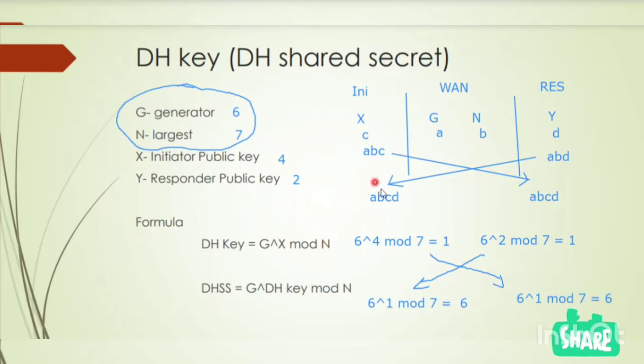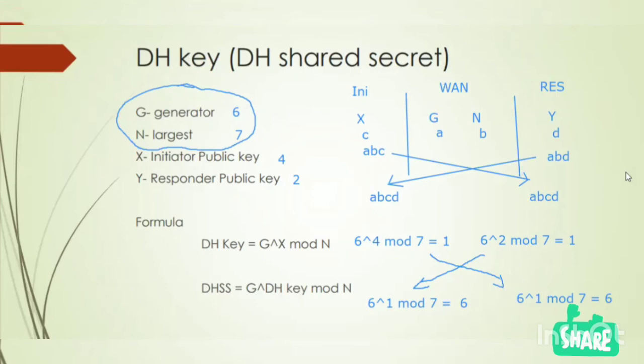Now it received ABD and adds C, so ABCD. Now the responder receives ABC and adds D, so it gets ABCD. So now both have the same DH shared secret. This is how they are calculating the DH shared secret. So it's very simple.